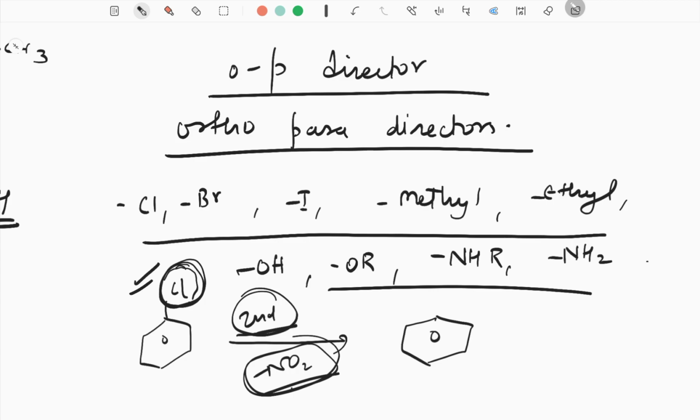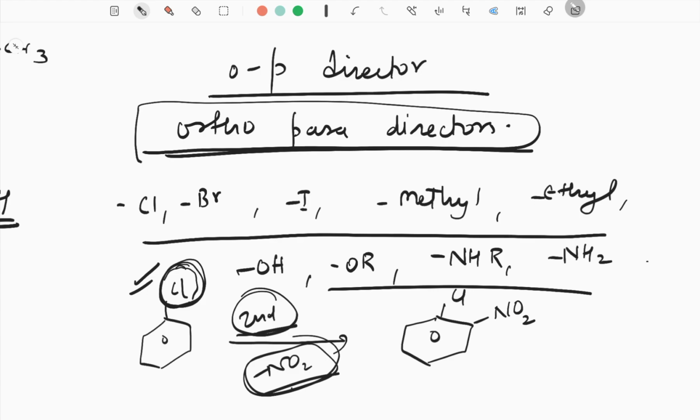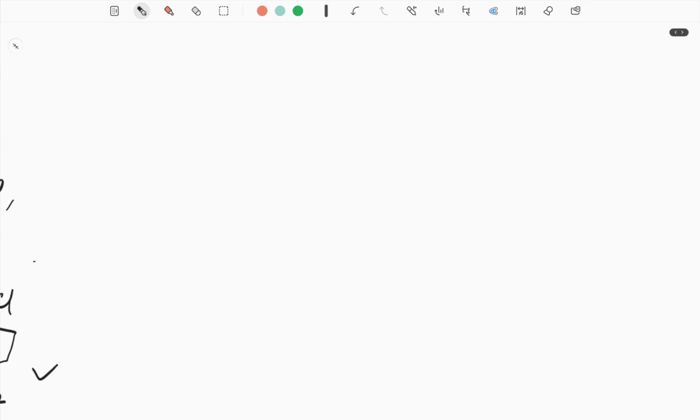So chlorine is basically an ortho para director. So chlorine forces NO2 to attach at the ortho position and at the para position as well. So ortho and para products, if formed in a reaction, form together, not singly.